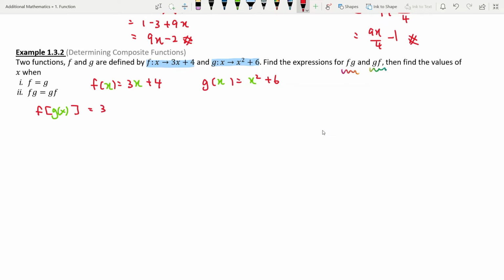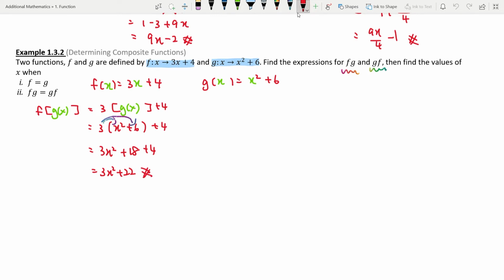We get 3 gx plus 4. Again, what is our gx? 3 times x squared plus 6, plus 4. Expand the bracket. We get 3x squared plus 18 plus 4. Simplify it, we have 3x squared plus 22.